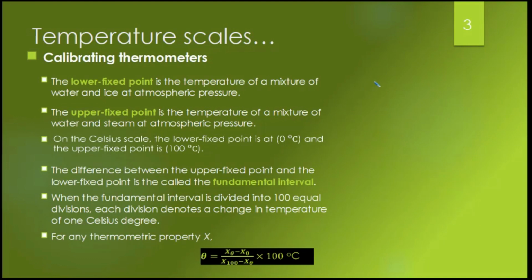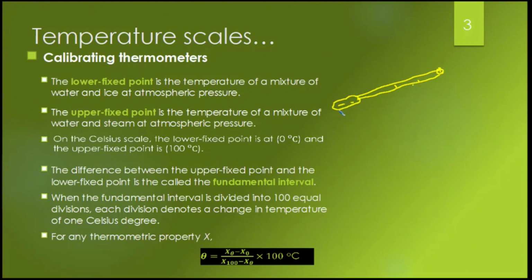Now when you construct a new thermometer, let's say you have just built a mercury in glass thermometer, it has not been calibrated, there are no marks on it for you to be able to read. So how do we do that?